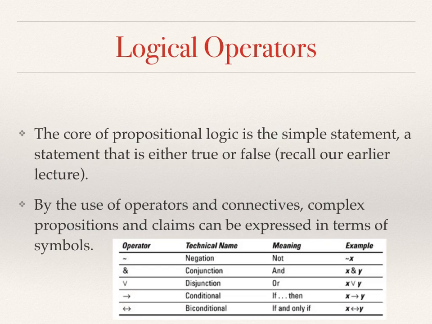And the core of propositional logic is a simple statement that is either true or false. Now, you'll recall that we already talked about this earlier, that a statement is simply that which is true or false. But what propositional logic does is it looks at longer, complex sentences as a combination of simple statements.